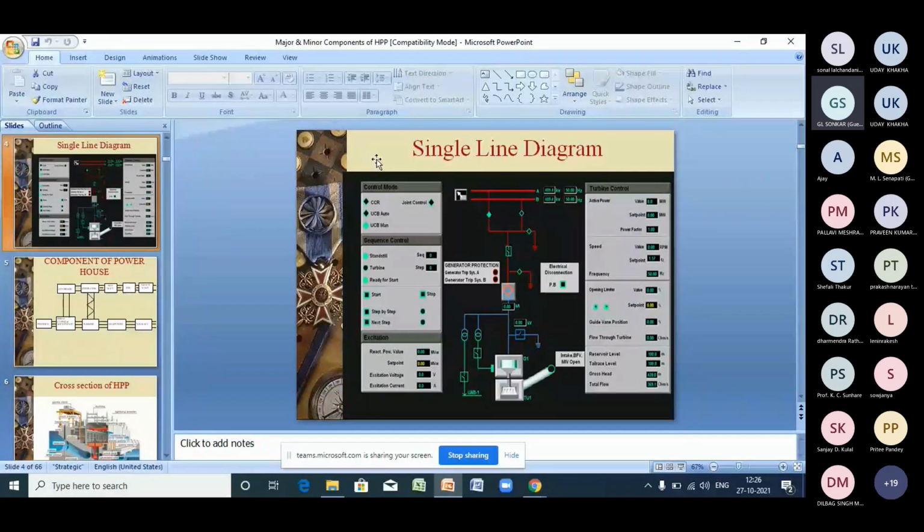It can even be operated in the joint control mode, which we will discuss when we go through the operation point of view. Then there is the sequence of control, and when you are running, the sequences will be operating, and in each sequence there are some steps also. You can see each and every step in the plant.